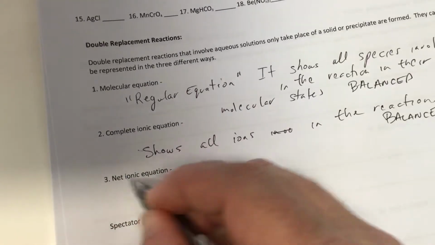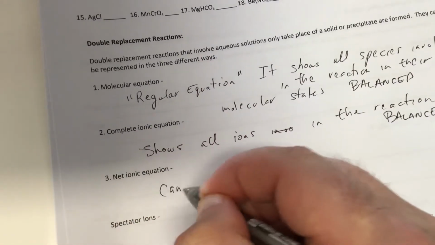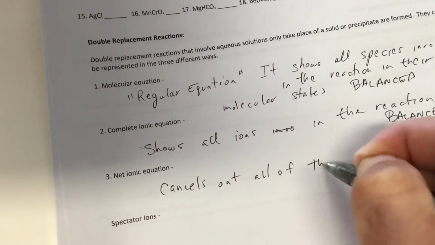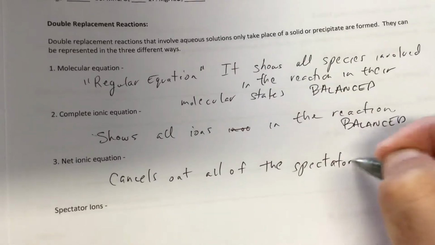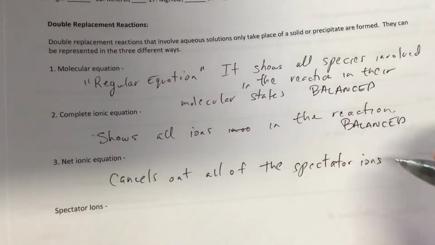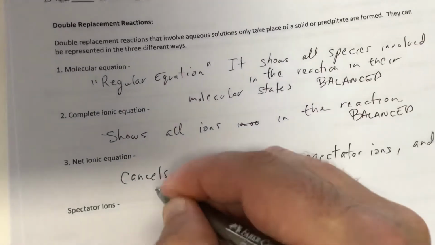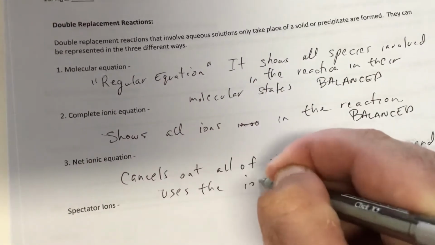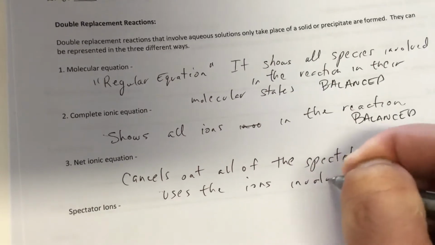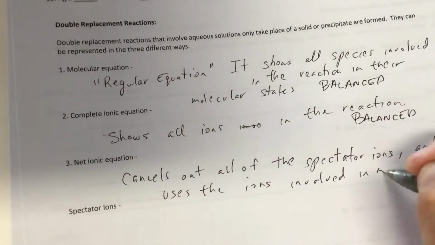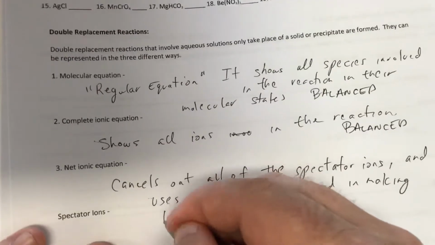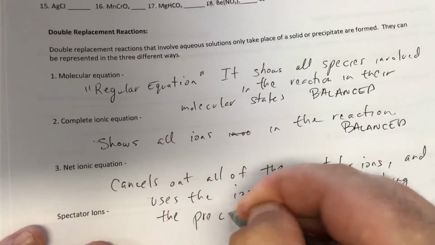Net ionic equation, it cancels out all of the spectator ions and uses the ions involved in making the precipitate.